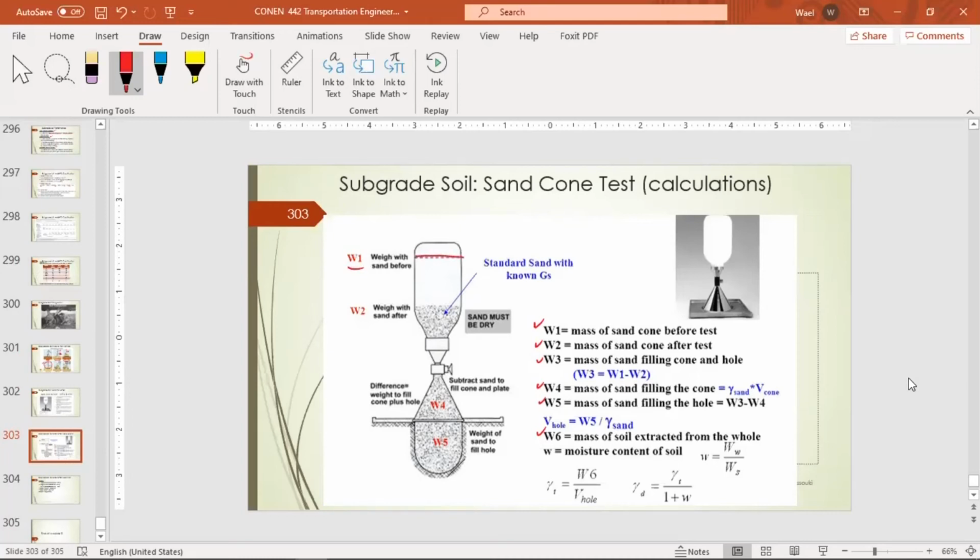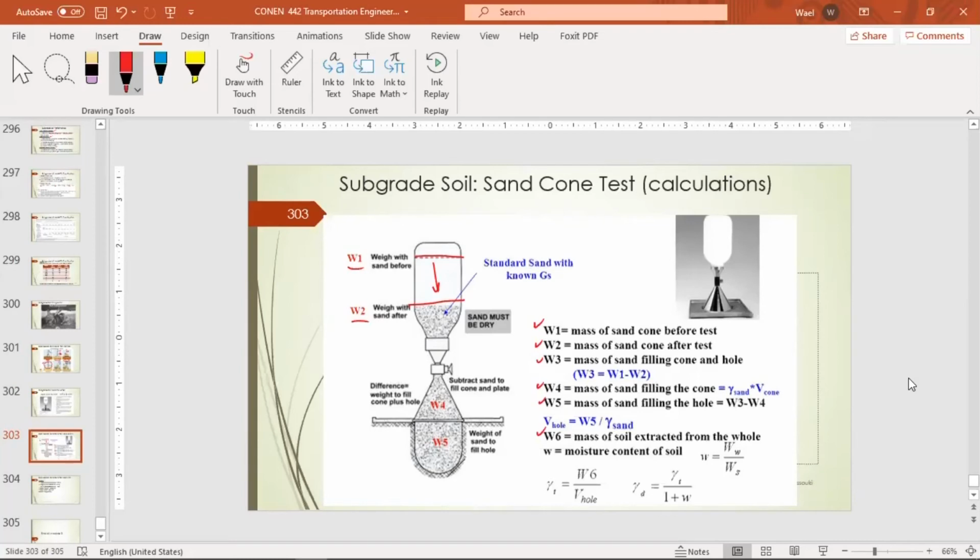Then once we open the controller here, the sand drops, because it's filling the hole and filling the cone, by the way. So we take another measurement. That's W2, the remaining sand. So that's the mass of the sand cone before the test and the mass of the sand cone after the test.